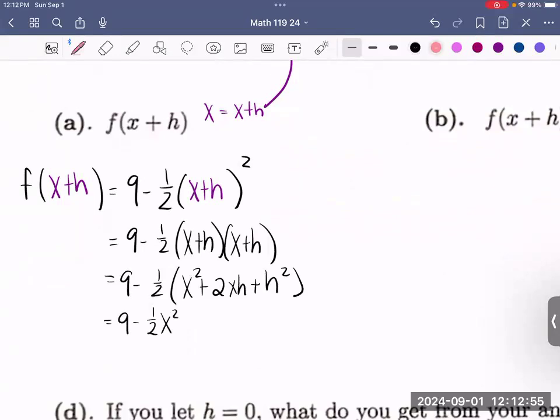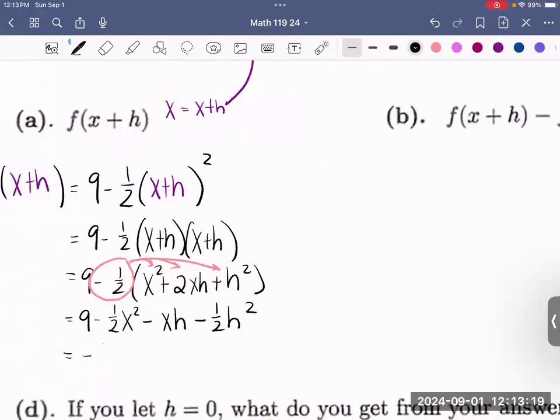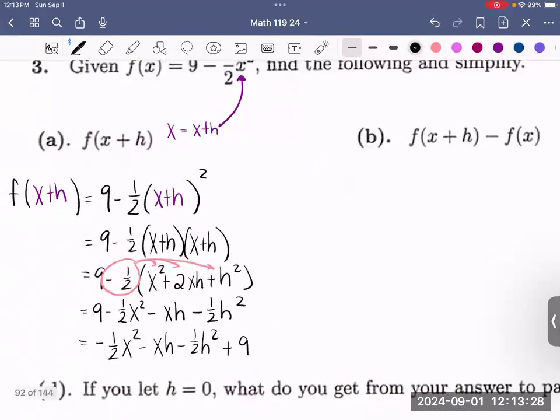And when you distribute, you're going to take this whole negative 1/2, and that's going to go to all of your terms. So minus xh minus 1/2 h squared. The 2 here, along with the 1/2, they will cancel with your fraction. And let's rewrite this: negative 1/2 x squared minus xh minus 1/2 h squared, and then plus 9 on the end. That way it's in descending order.